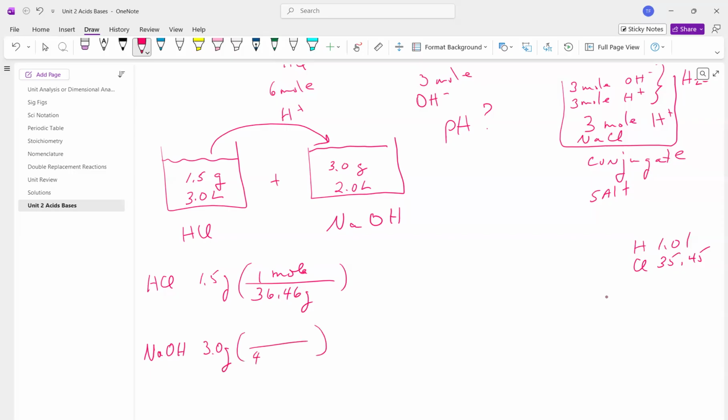And this was 40 grams per mole, all over 5 liters total.